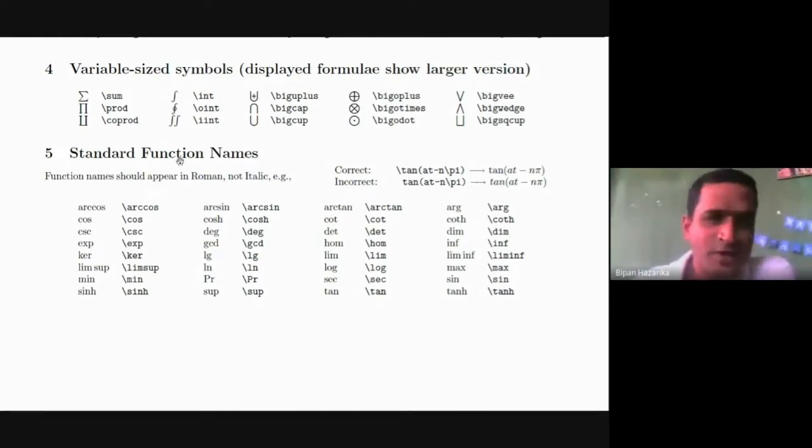To get this Roman style for different trigonometric functions, logarithmic functions, or the exponential function, we put a slash, for example slash cos. Slash cos will represent the cos function. Slash csc represents the cosecant function. Slash exp represents the exponential function. Slash ker, if you write, is the kernel function.